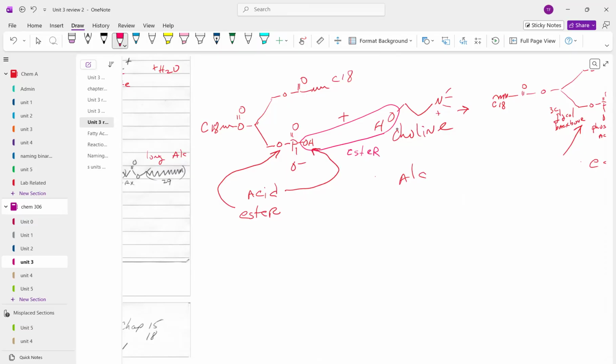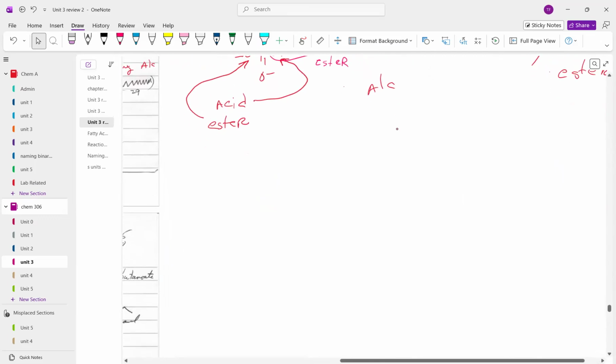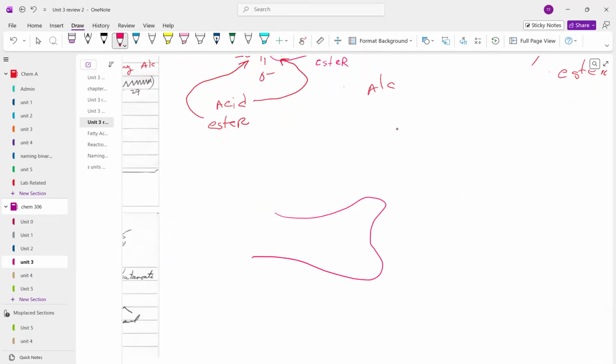Pesticides used to work by, what happens is, and this is a synapse for a nerve.